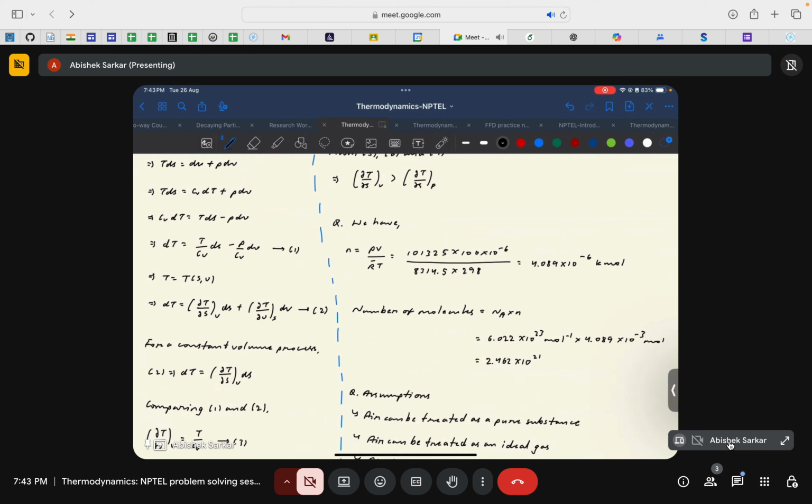Since it is in kilomoles, we multiply with 10 to the power 3 to make it moles, so we get 4.089 into 10 to the power minus 3 moles. The mole will cancel out, so we get the number of molecules to be 2.462 into 10 to the power 21 molecules.